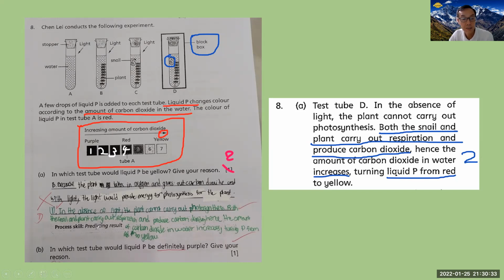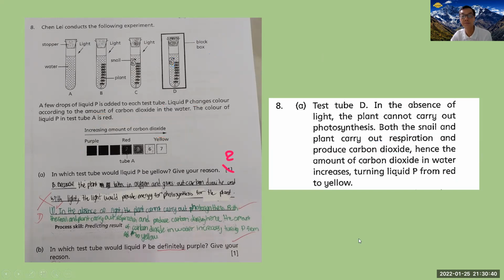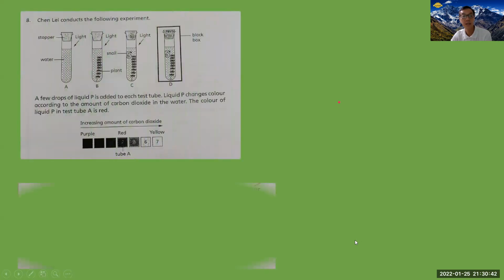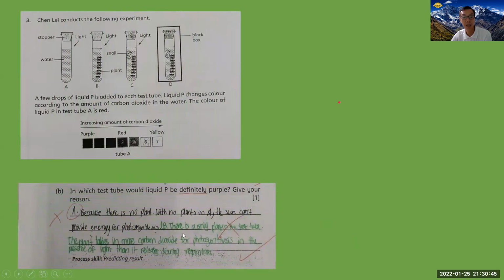Okay, next, we can see the next question. Let me clear the screen to move on. It's the same question, part B. In which test tube would liquid P be definitely purple? I told the student to underline this. Definitely means 100%. So definitely purple means it must have the lowest amount of carbon dioxide.